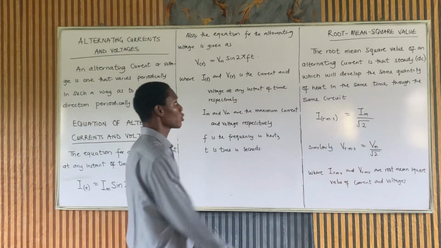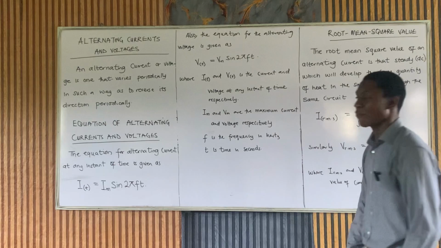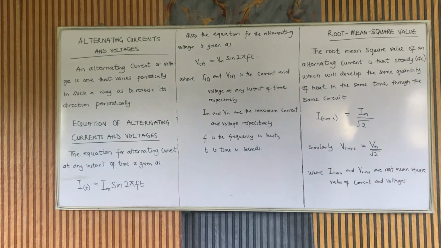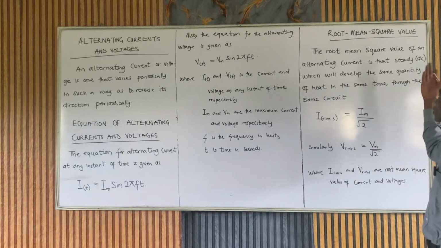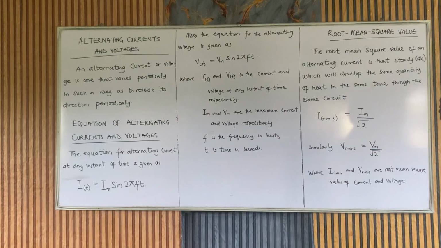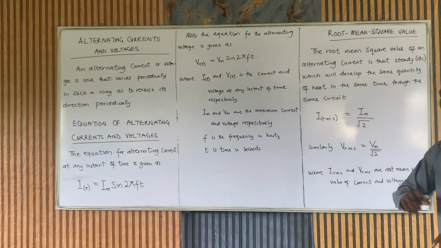Next, let's look at the root mean square value of current or voltage. If you say root mean square current, what does it mean? The root mean square value of an alternating current is that steady current which develops the same quantity of heat in the same time through the same circuit.